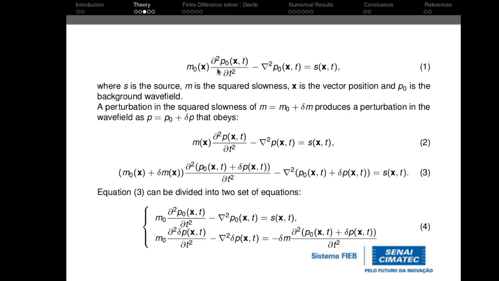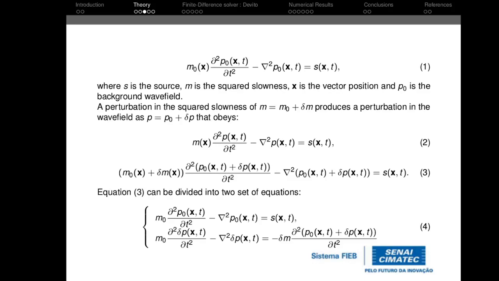So basically here in equation 1 we have the wave equation for constant density, where m0 is the squared slowness, and s is the source. So we have this equation, and then we do a perturbation where m is m0 plus delta m.